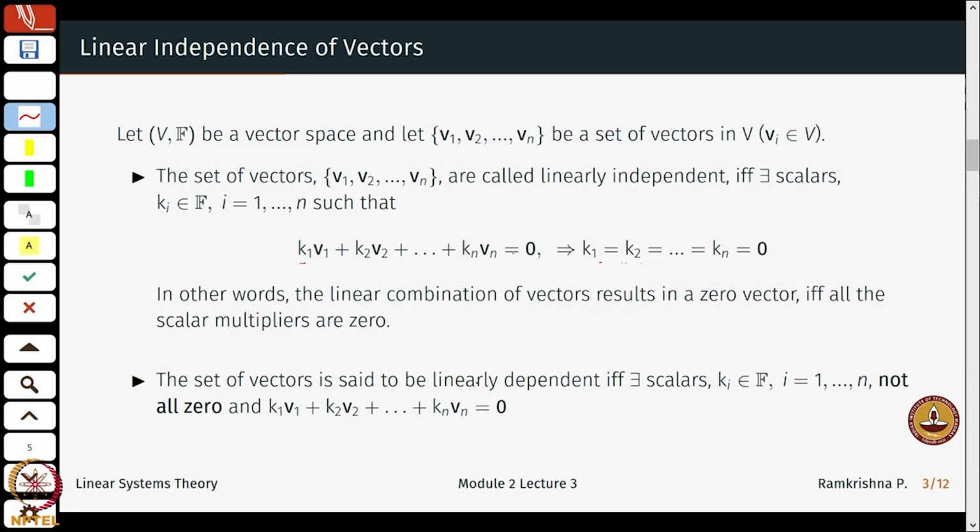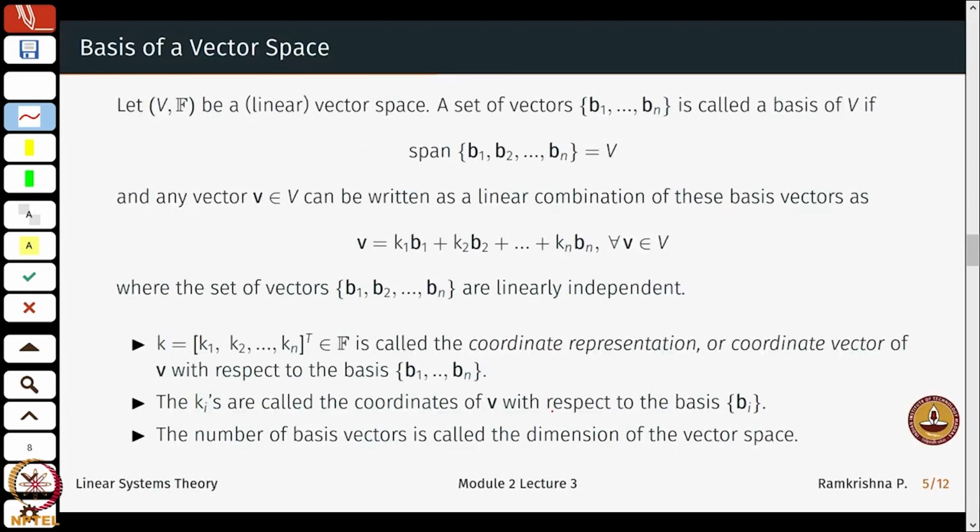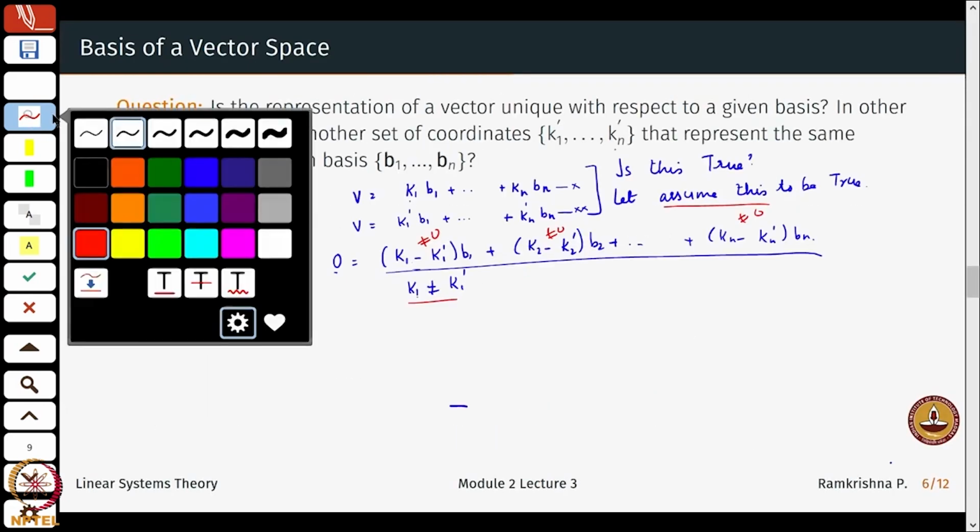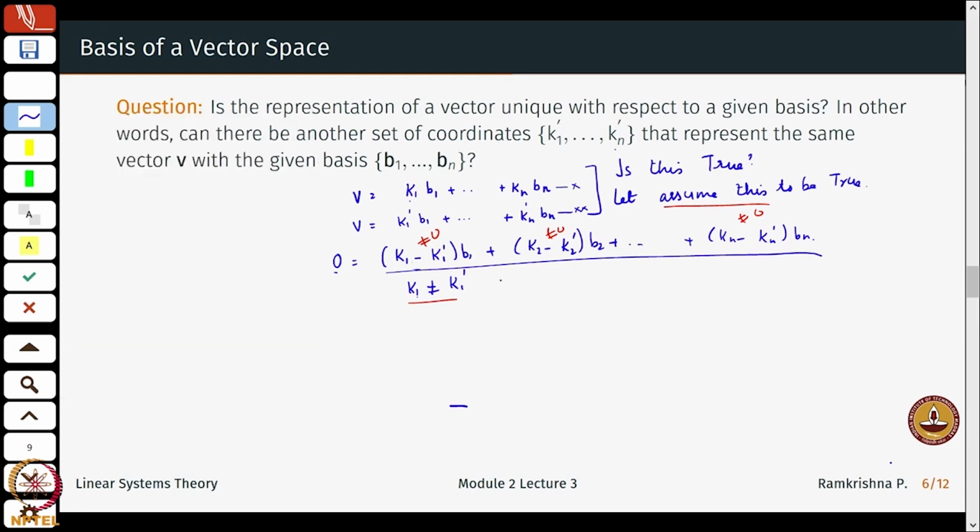On the contrary, a linear dependence would tell me that for some non-zero coefficients k1 till kn, something like this holds true. Now the question I will ask here is, so when will this hold true? Right, that k is not equal to k1 prime, but this entire expression will be equal to 0.